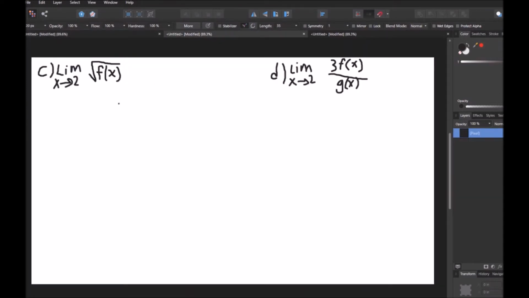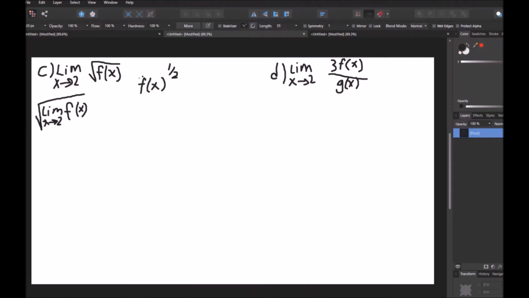Then in part C, we're told to find the limit as x approaches 2 of the square root of f of x. What I'm going to do is put the whole limit underneath the square root sign. If you're confused on why you do that, here's a little thought example. Taking the square root of something is the same thing as if I had said f of x raised to the 1/2.